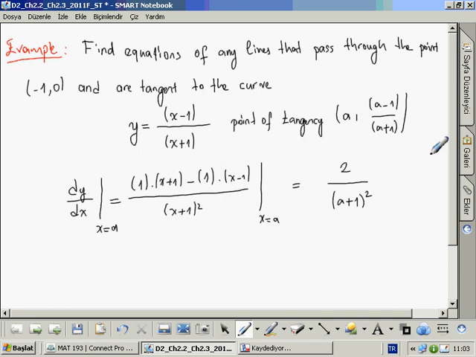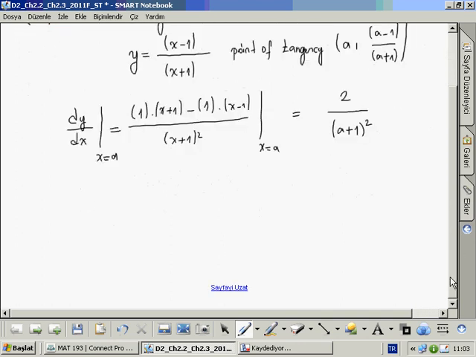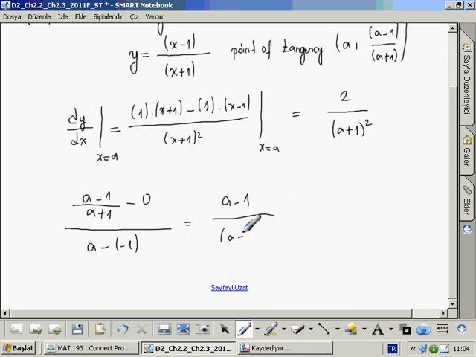And for any lines, you will find the slope: a minus 1 over a plus 1 minus 0, over a minus minus 1, so it equals a minus 1 over (a plus 1) squared.